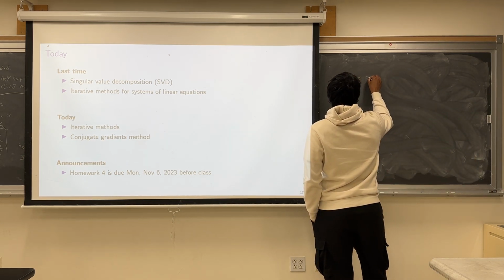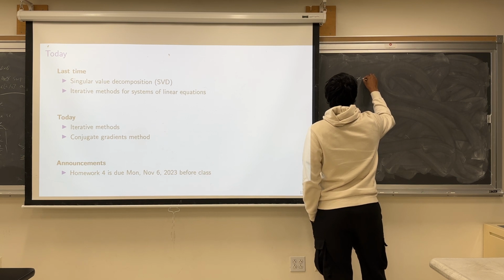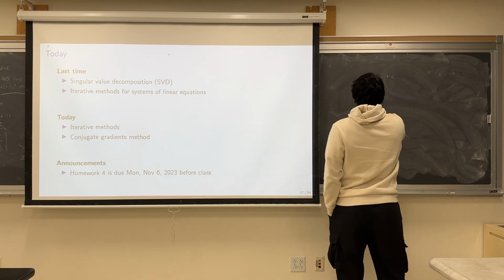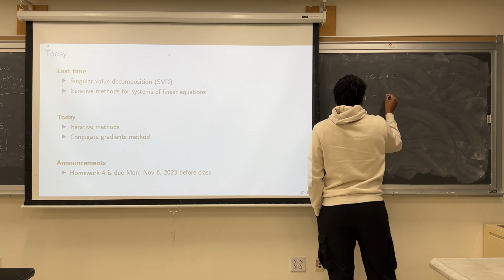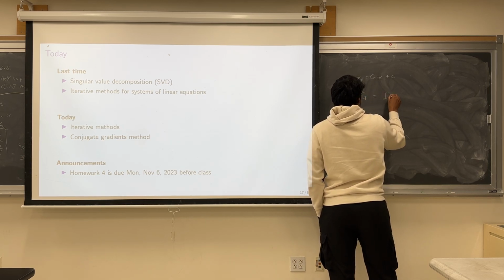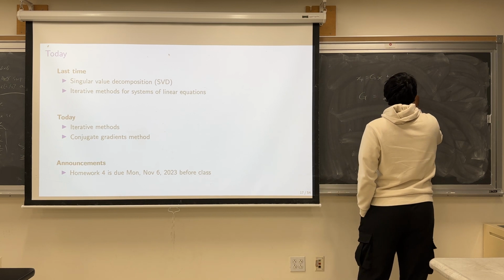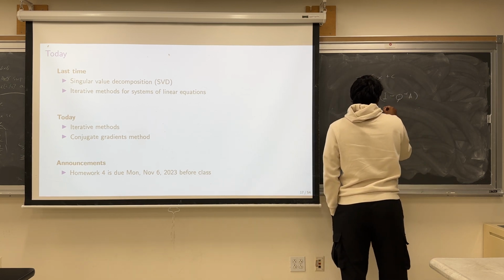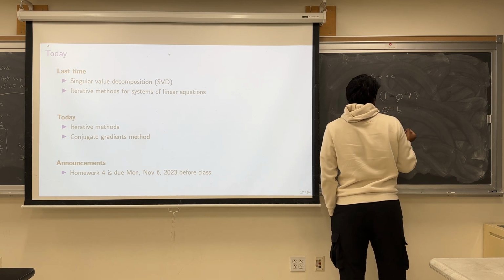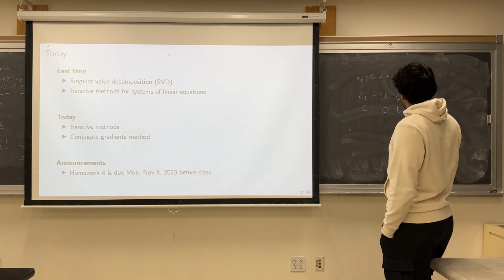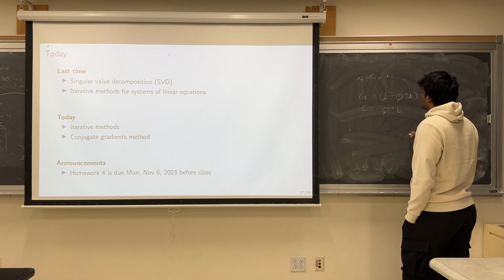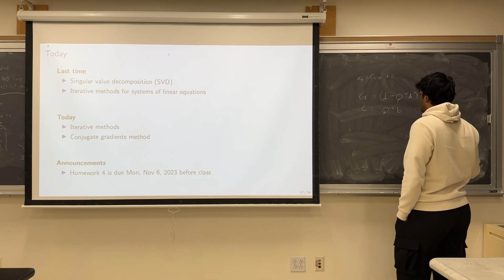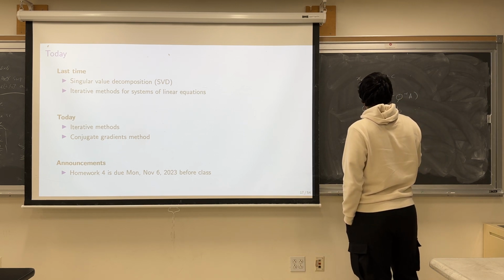If my x_{k+1} is G x_k plus c, my G was I minus Q inverse A, and my c was Q inverse b, right? How do I remember this? If I put Q equal to A, then this is A inverse A, identity is subtracted, and Q inverse b is A inverse b, so it's one step directly. So that's okay.